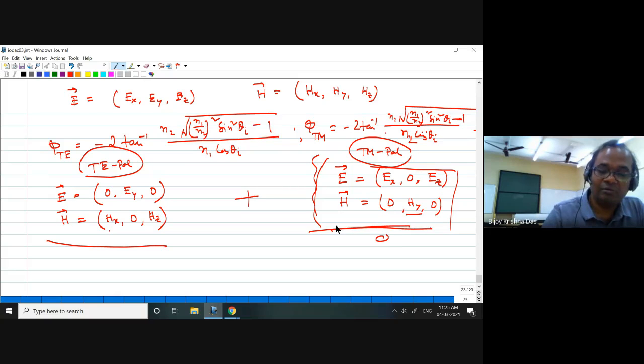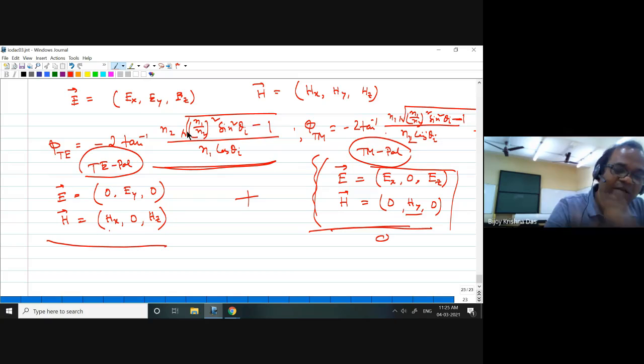Right? Now let us see. I know that in every total internal reflection, TE polarization undergoes this much phase change. If you know the angle and N1, N2, then you can find out what phase change is happening.